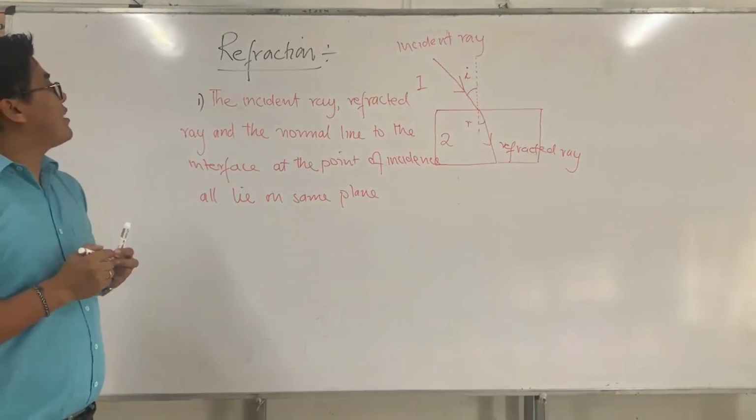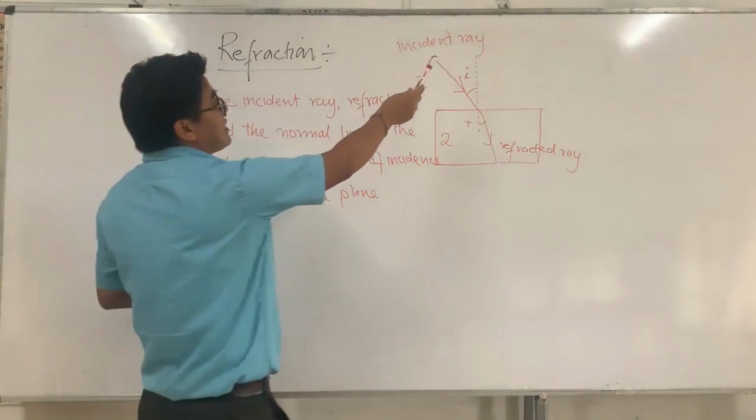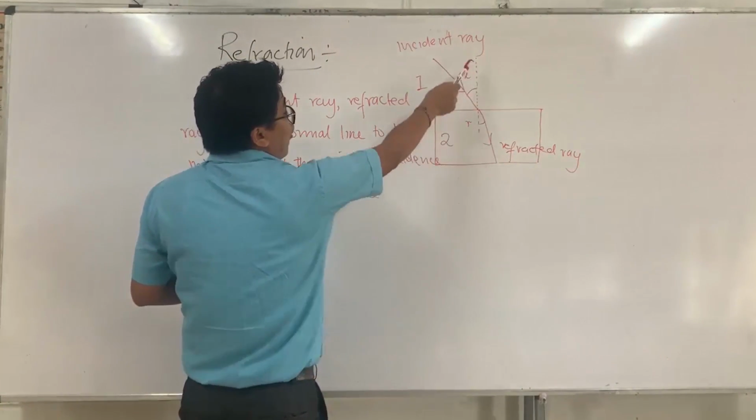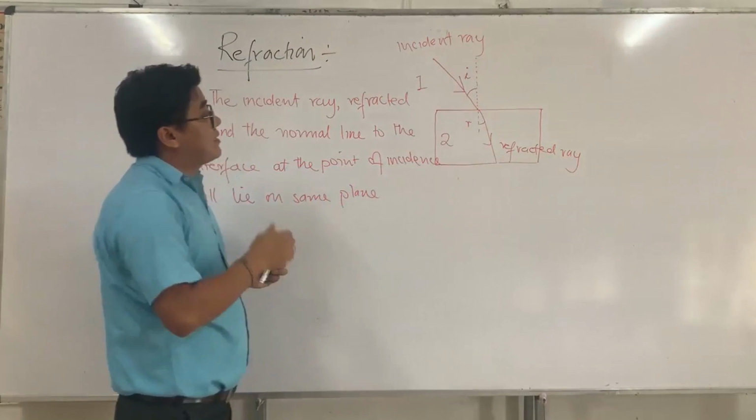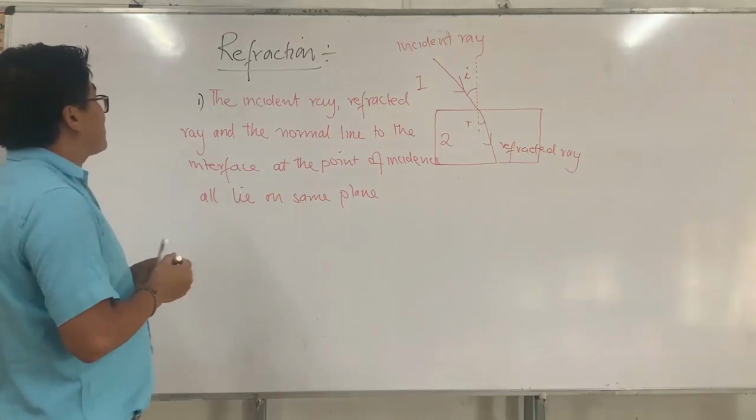This is the same as in case of reflection. The incident ray, refracted ray, and normal line should lie on the same plane. So this is our first law.